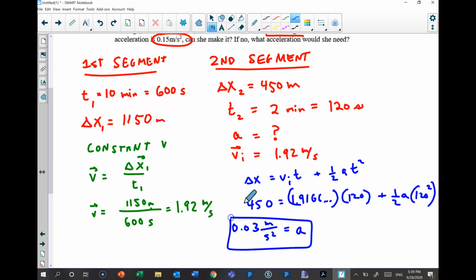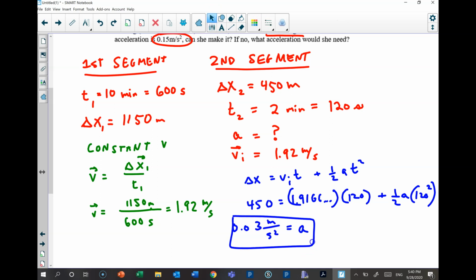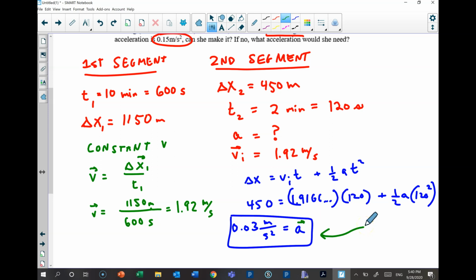Notice, I'm not using the right number of sig figs. Haha. No, that's not the thing to notice. What I want you to notice is this is the acceleration such that she barely gets there. She barely finishes on time because she finished in exactly 10 minutes plus 2 minutes.